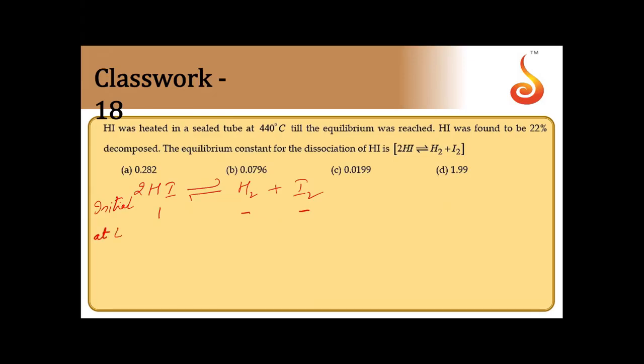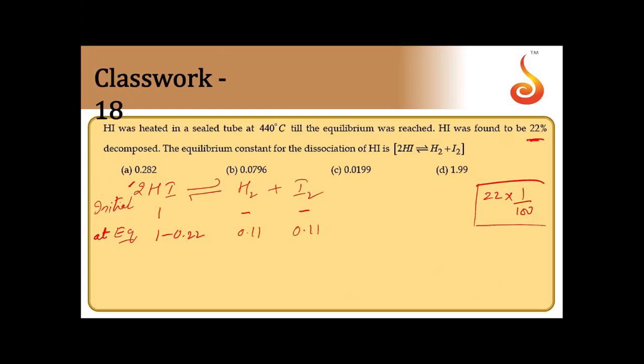At equilibrium, 22% of HI was found to dissociate. So 22% of 1 will be 0.22. Therefore 1 minus 0.22. And when 2 moles react, we get 1 mole. So when 0.22 react, we are going to get 0.11, half of this. Similarly 0.11 here.